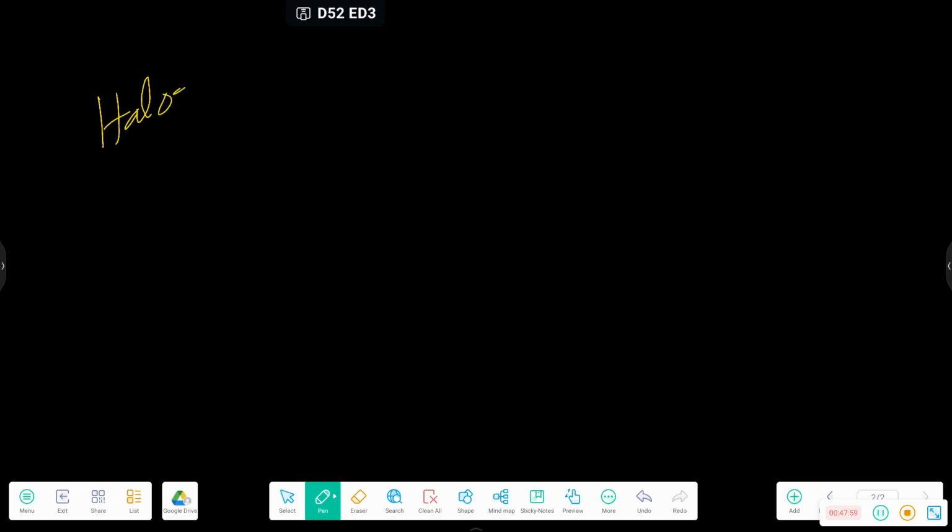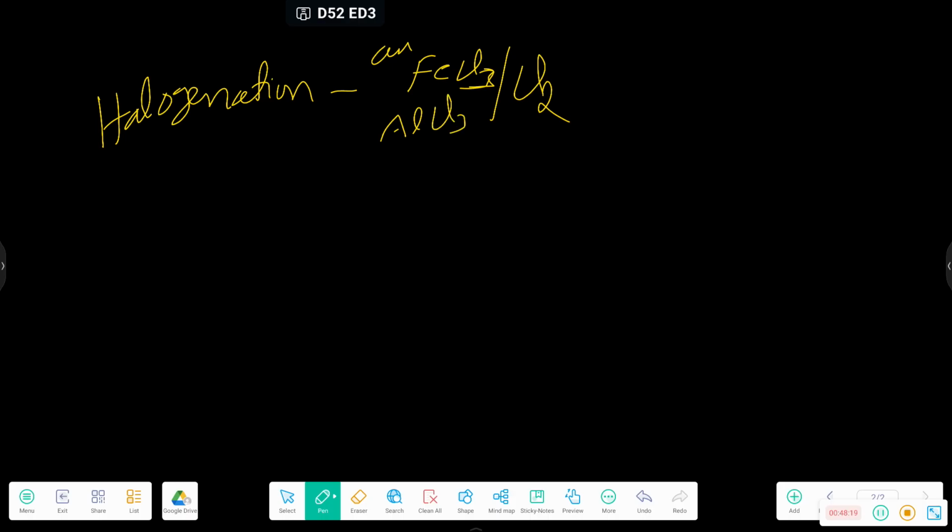For halogenation, benzene is the reactant. FeCl3 anhydrous or AlCl3, means a Lewis acid; in the presence of a Lewis acid, it reacts with Cl2. Very important: anhydrous AlCl3.